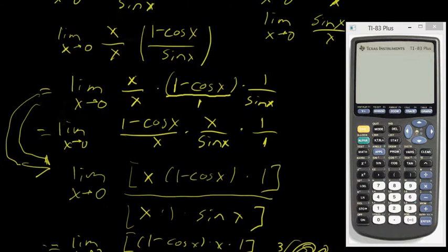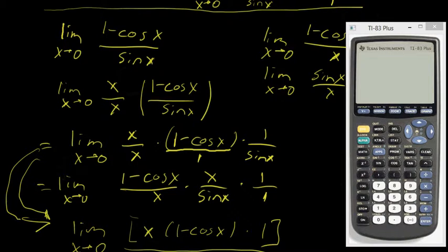Really it was here we had multiplied and divided by x, and then we rewrote 1 minus cosine of x divided by sine x as 1 minus cosine of x times 1 over sine of x, because dividing is the same thing as multiplying by the reciprocal of something.